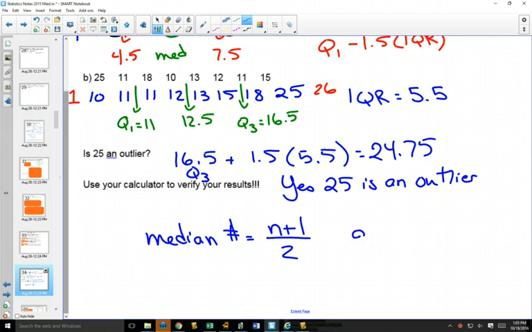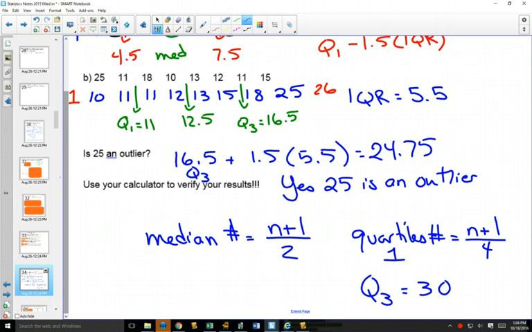Your quartiles' position numbers can be found by doing, well, this is quartile 1. Quartile 1's position number would be n plus 1 divided by 4. And quartile 3's position number would just be 3 times quartile 1's.